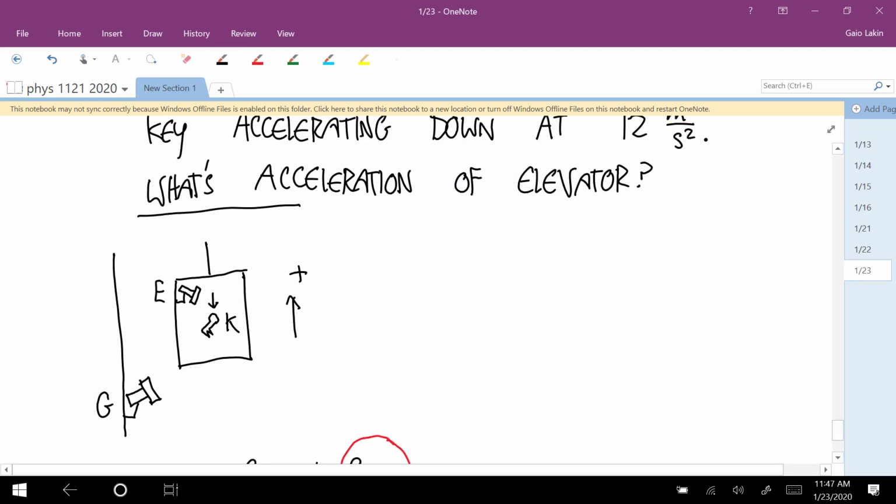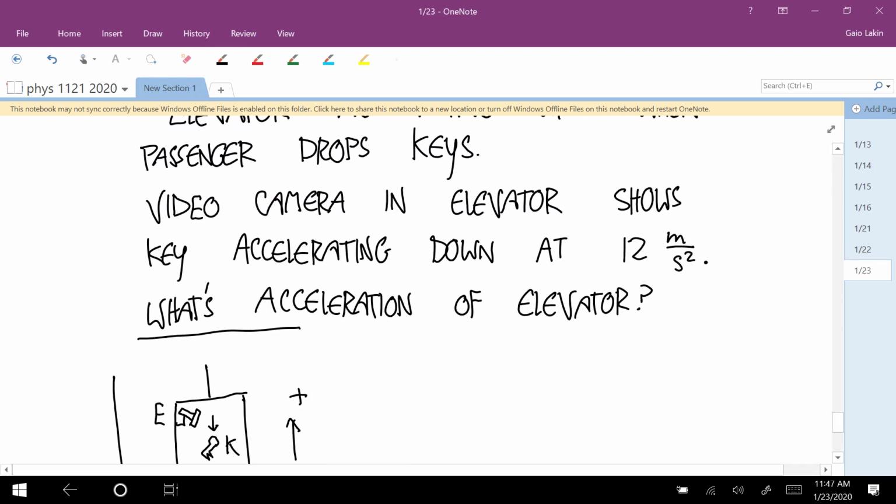That was given. It says the camera in the elevator, you take the measurements based on the video you see, and it looks like it's accelerating down with extra acceleration. Any questions about that?